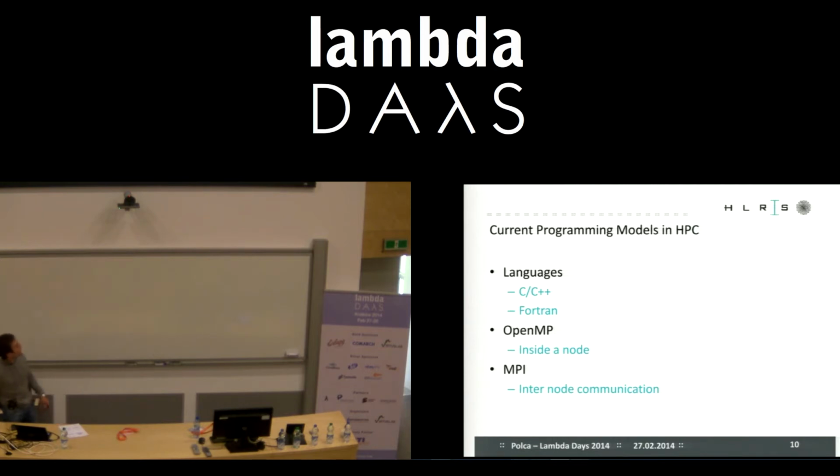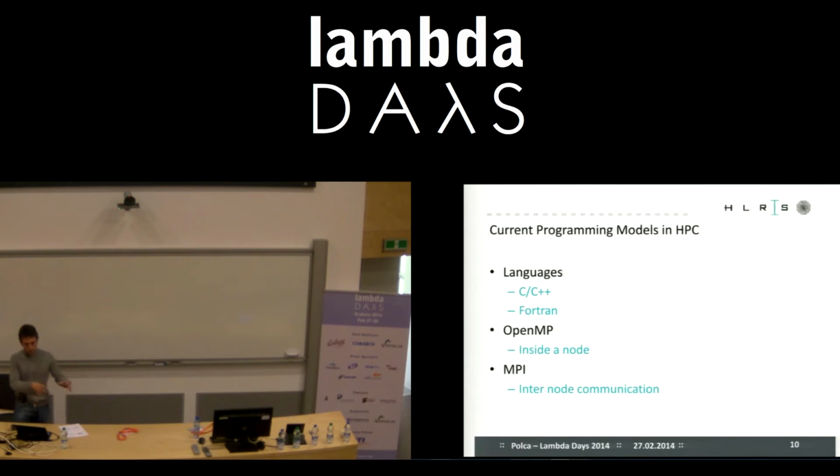Inside the node, I forgot to say that when you have so many cores, you divide your HPC machines into nodes. Each node has maybe 1 or 2 CPUs. Each CPU has a lot of cores inside, and they usually share the memory, and at least the address space of the memory. So each thread can access all the memory within this node.